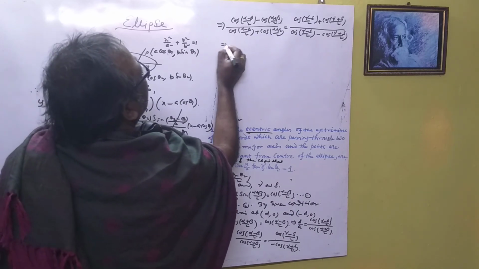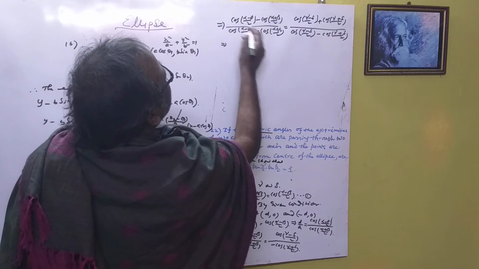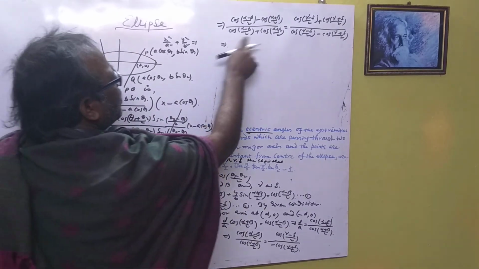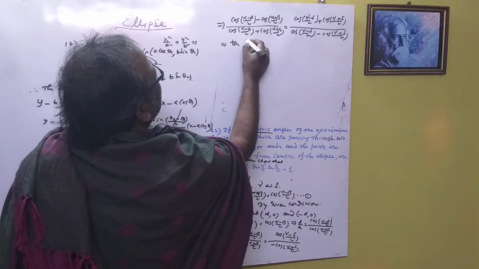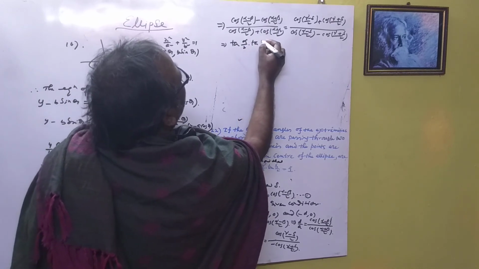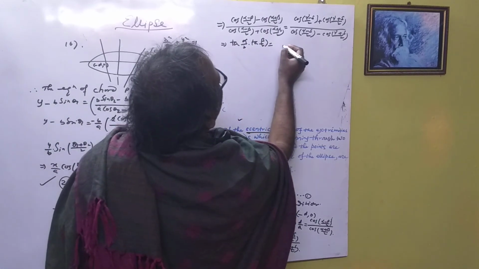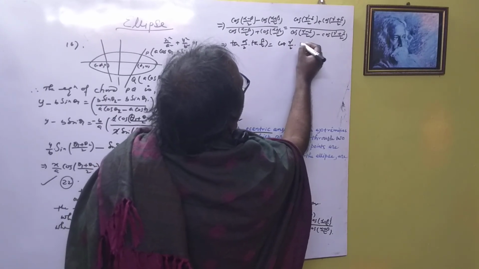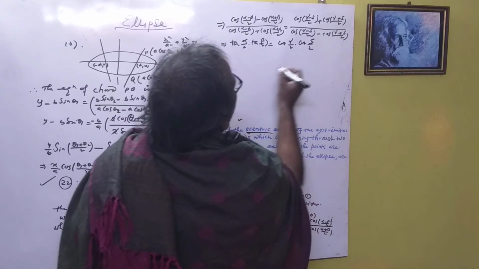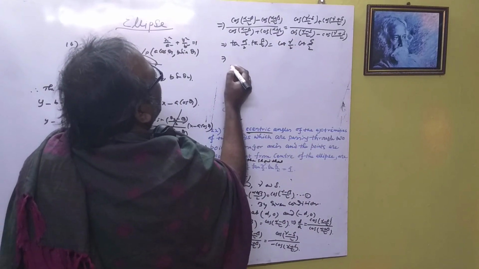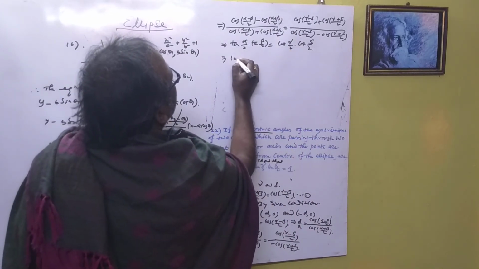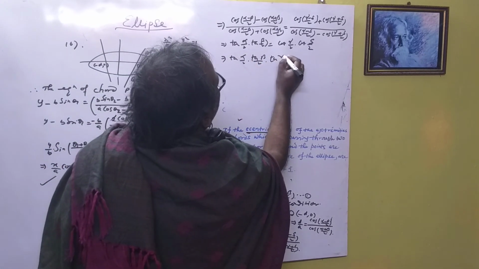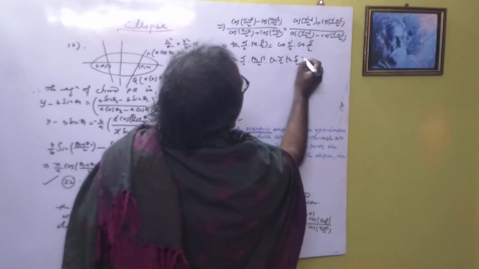If we simplify this, it is sin(alpha/2) sin(beta/2) over cos(alpha/2) cos(beta/2), so we can easily write tan(alpha/2) tan(beta/2), and on the other side cot(gamma/2) cot(delta/2). Writing 1 by tan for the cot terms, tan(alpha/2) tan(beta/2) tan(gamma/2) tan(delta/2) is equal to 1.